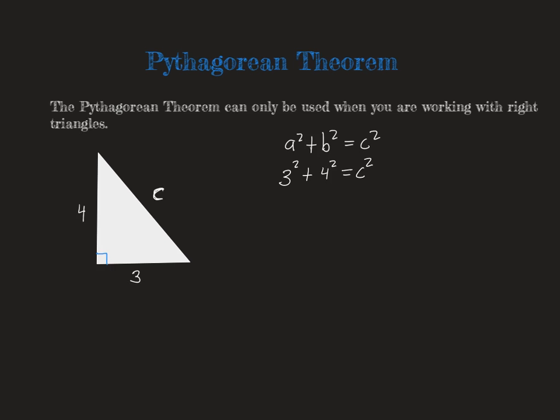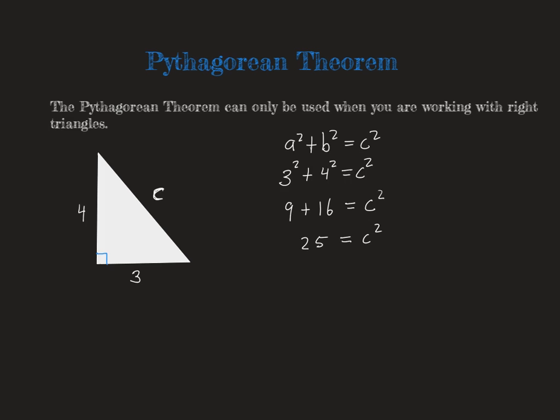Now let's solve this problem. So we're going to square the numbers that we have. So 3 times 3 is going to be 9, plus 4 times 4 is going to be 16, and that's going to be equal to c squared. Now we're going to combine those two and you get 25. Now that you have 25, we need to get rid of this exponent right here.